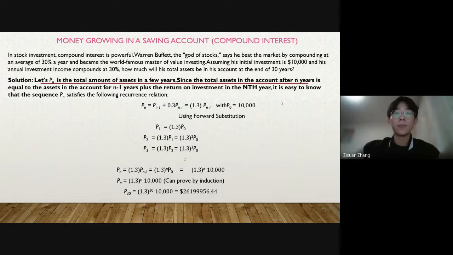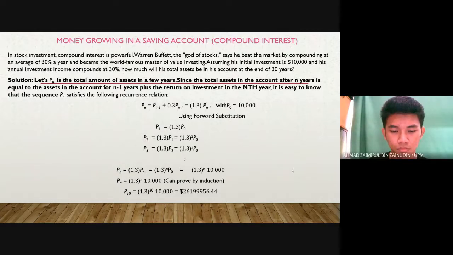We can know P30 equals 1.3 to the power of 30 multiplied by 10,000, and we can get the answer. Next page.